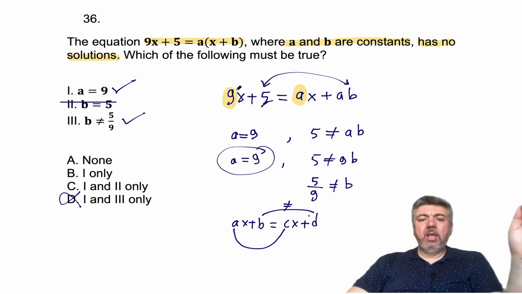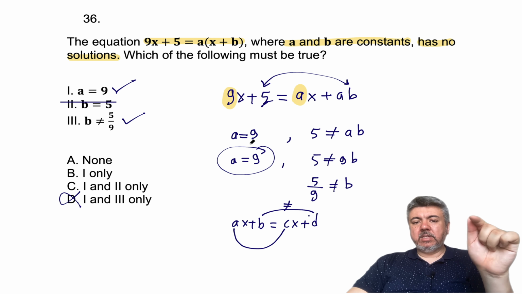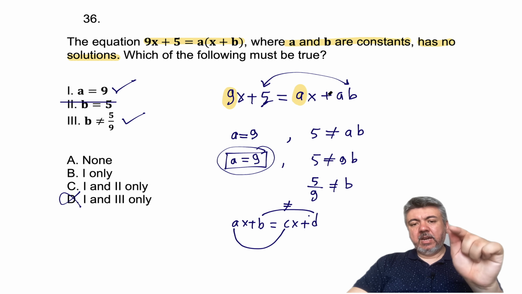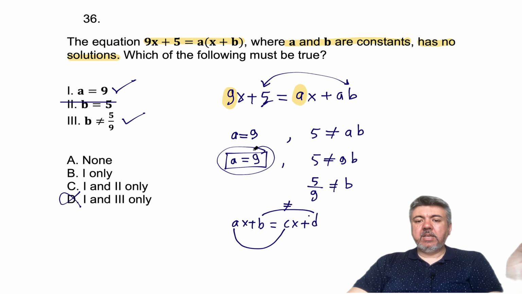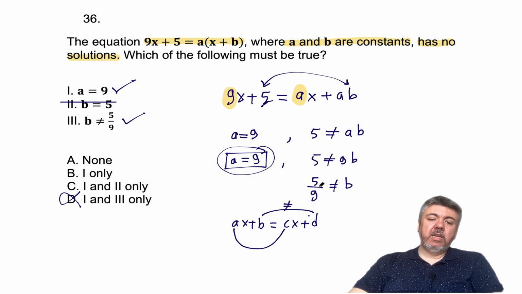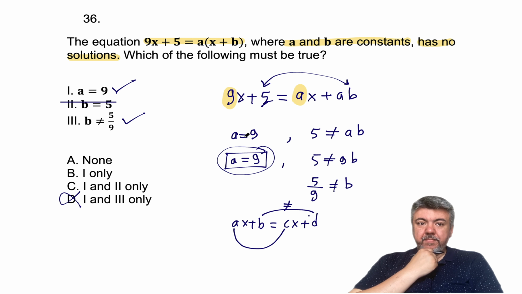In our example, 9x equals ax, that is a is 9. On the other hand, constant 5 is not equal to ab. A is 9, so 5 is not 9b, b is not 5 over 9. That's the solution to this question.